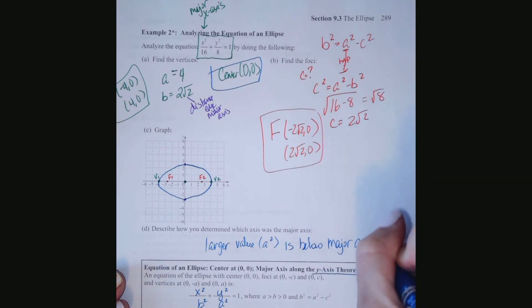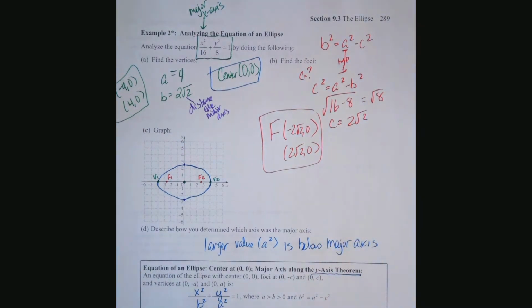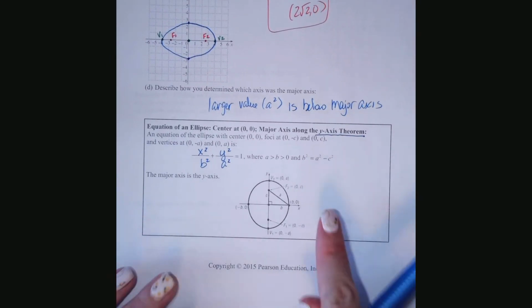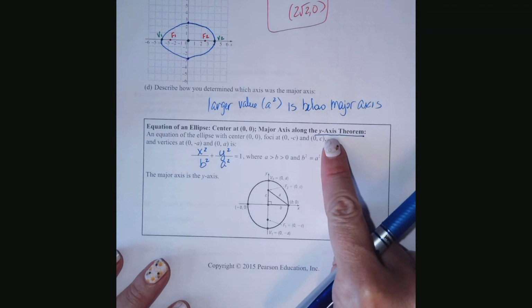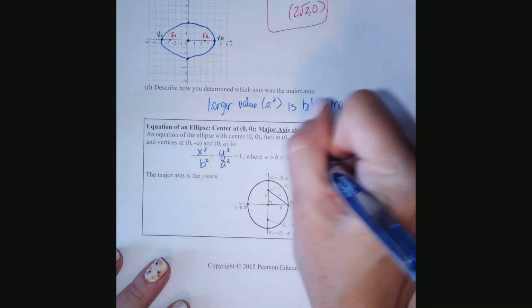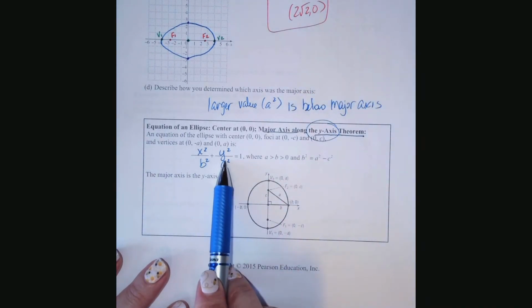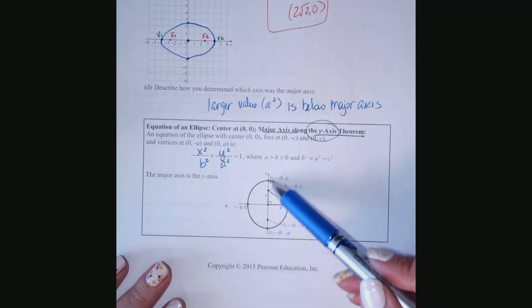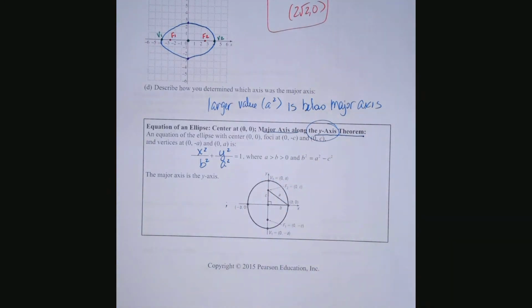So when I'm looking at my equation, that's how I know which one is the major axis. Okay, we already filled this in, so if our y-axis is our major axis, then a squared is underneath y squared. Our sketch looks the same, it's just been rotated so that the long distance of our ellipse is along the y-axis.